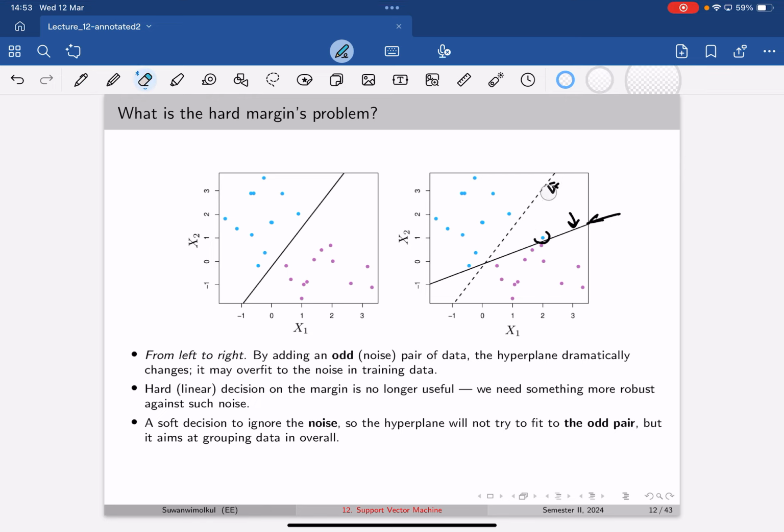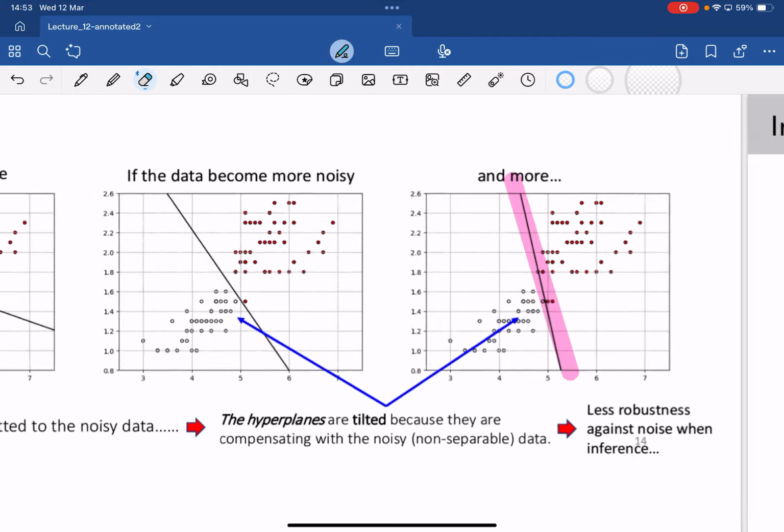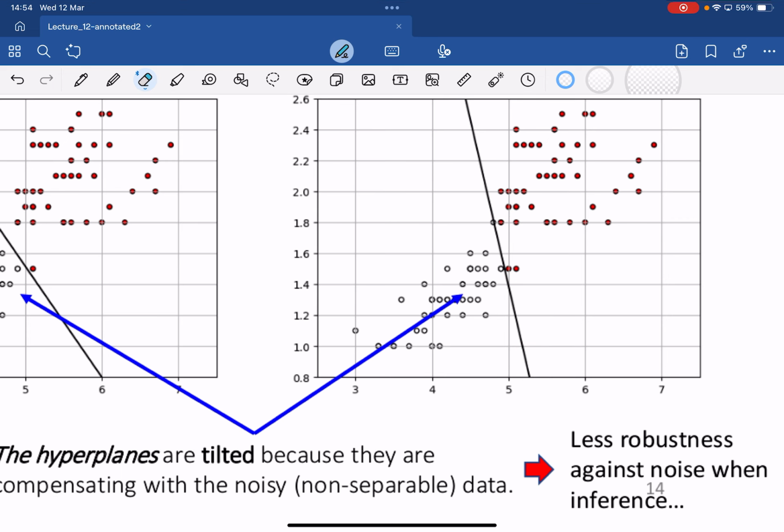And if you have so many outliers, where initially you have only one point, it changes the decision. If you have more points, it further changes the decision. If you still keep using this hyperplane, the problem is that the area between this point and the hyperplane is very close. That means that in the testing phase or at inference, very likely you're going to misclassify.